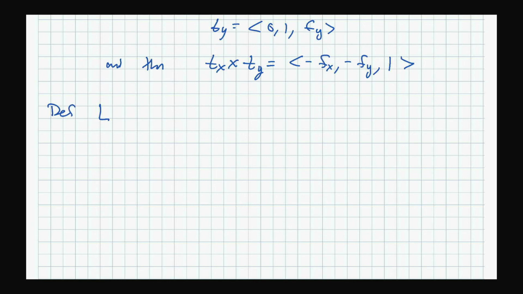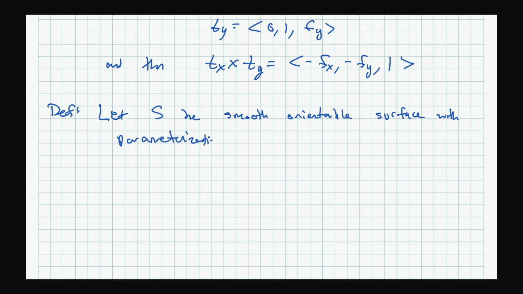So it's going to be a definition here. Let S be a smooth, orientable surface. That means it has an orientation. Orientable surface with parameterization r of u v.